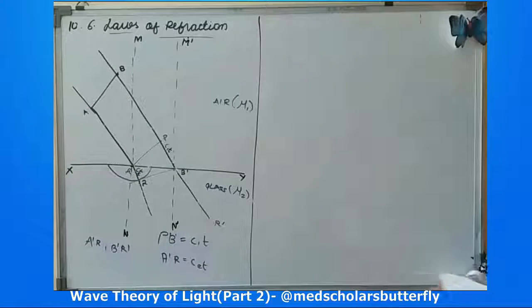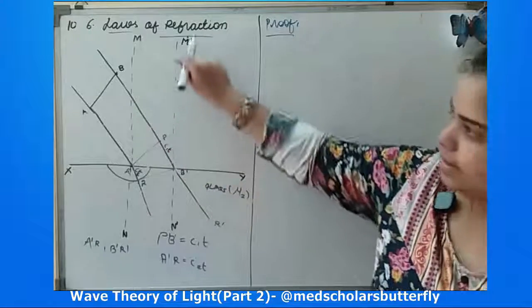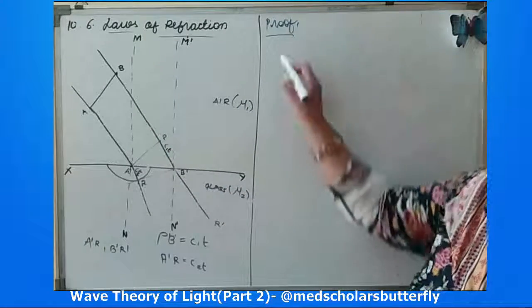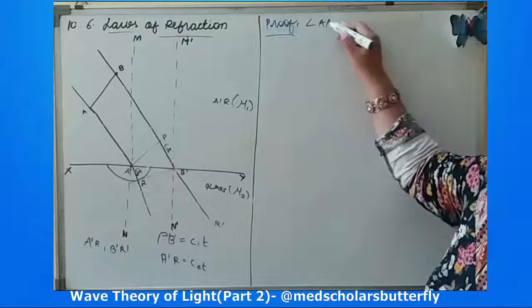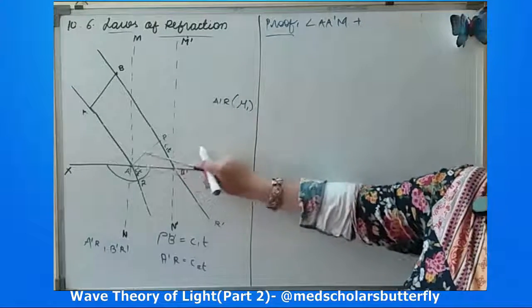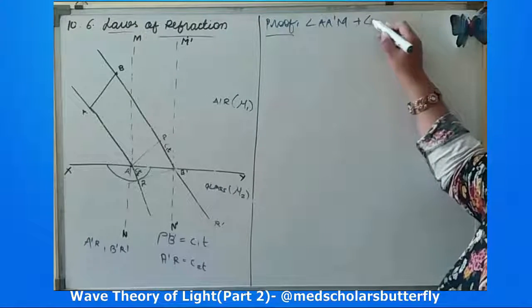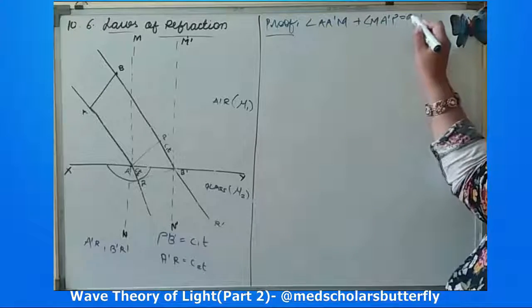Let us derive now. First of all, we will do the proof. Angle A dash M plus angle M A dash P is nothing but 90.